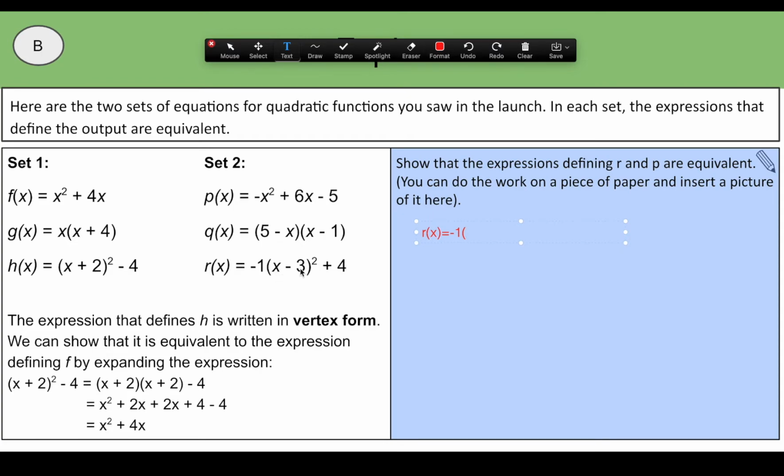The quantity of x minus 3 all squared, well, we're just going to say it's x minus 3 times x minus 3. It's another way to write that, plus 4. You might pause here if you know what to do and continue working. If not, the next step, I'm going to draw my box because I'm going to use order of operations. I'm going to multiply these two binomials first, okay? Not terms, binomials.